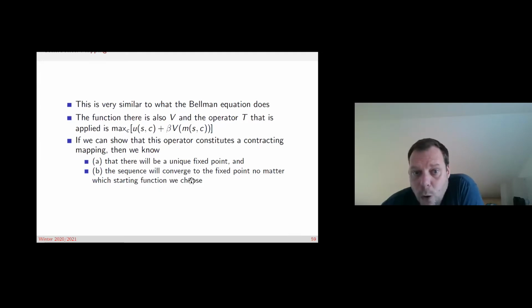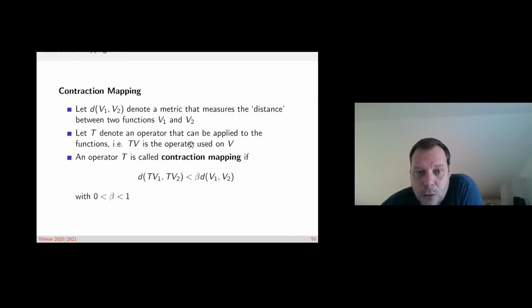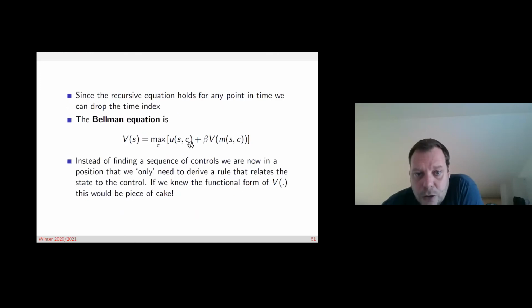So if we go back to the slide with the Bellman equation, there it is. Then we have something relatively similar. There's this functional form, and you apply some operator on this functional form.